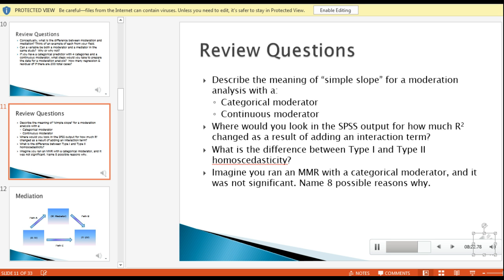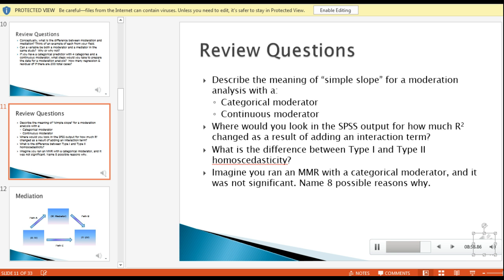Type 2 heteroskedasticity. If we have that in our data, recall that it will hinder us from detecting an effect that really does exist. Specifically, recall that if we have a group that has a very large n size compared to other groups, so let's say a group with 3 to 4 times as many individuals as the other groups, and at the same time that large group has more error spread around the best fitting line than the other groups, we're likely to commit a type 2 error.